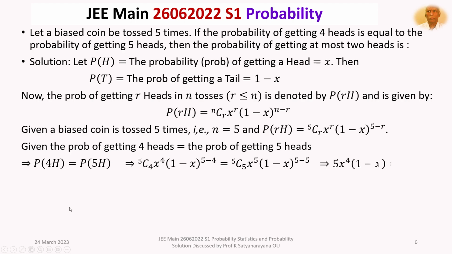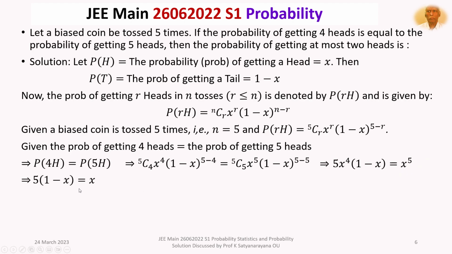This will imply 5C4 is 5C1, which is 5. So 5 into x to the power of 4 into 1 minus x is equal to 5C5, which is 1, into x to the power of 5, and 1 minus x to the power of 0 is 1. So we get 5x to the power of 4 into 1 minus x is equal to x to the power of 5.